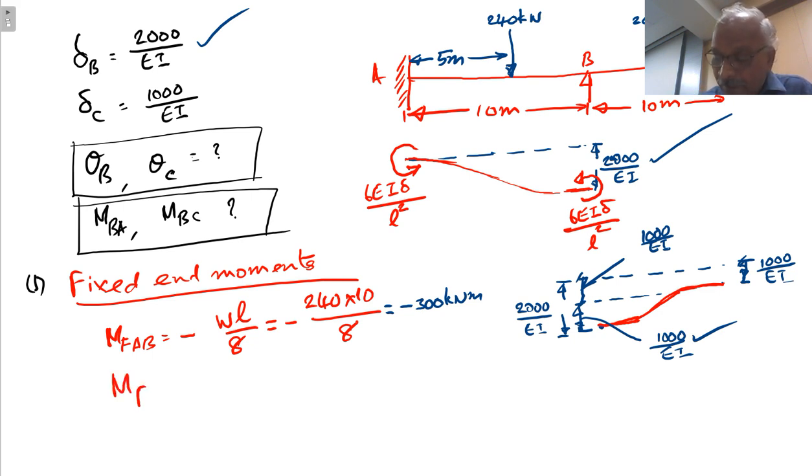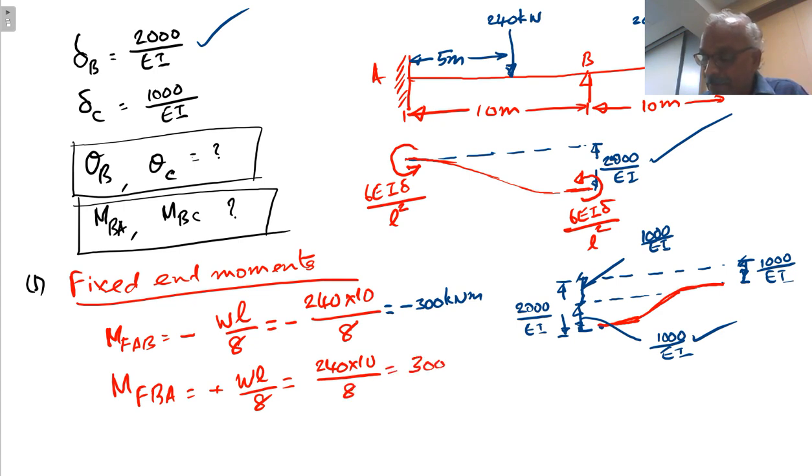Right. Now coming to this, MFBA equal to plus WL by 8. So we are treating AB as a fixed beam. So 240 into 10 by 8 equal to 300 kilonewton meter. Then MFBC equal to, again BC is also a beam of span 10 meters, assuming B and C as fixed.